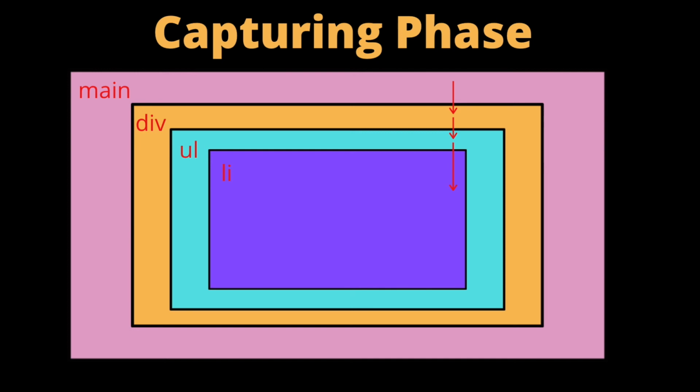It's kind of the same as the bubble phase, but in the exact opposite direction. It goes from the top ancestors to the target element, and when it reaches the target element, it executes the LI onClick handler, and then the bubble phase happens.